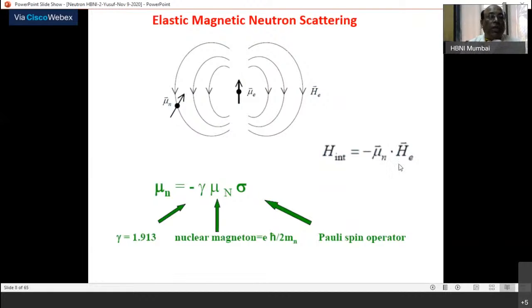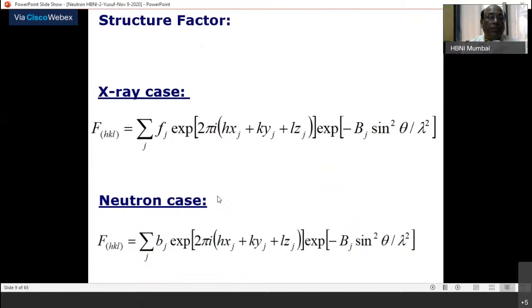The neutron magnetic moment has the Pauli spin matrix and the nuclear magneton. This is very tiny compared to the Bohr magneton, which comes from the electronic magnetic moment, because the neutron mass is in the denominator.